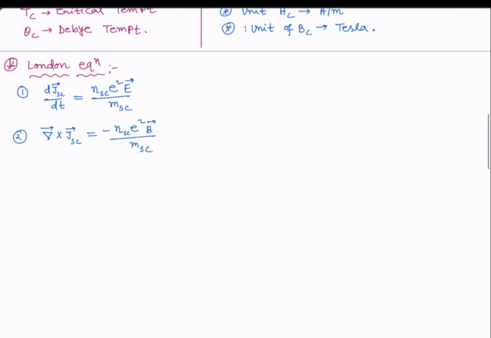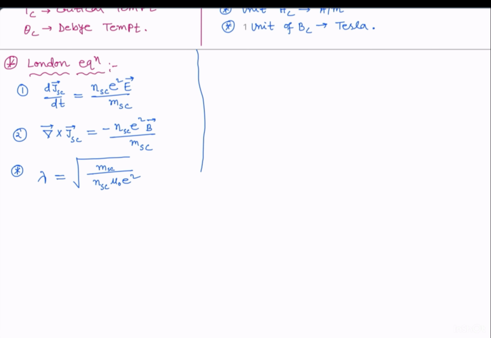These two are the most important formulas. You should also remember the formula of penetration depth, which is root of m by n mu 0 e square.